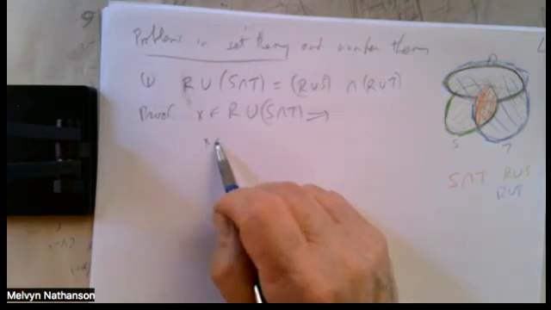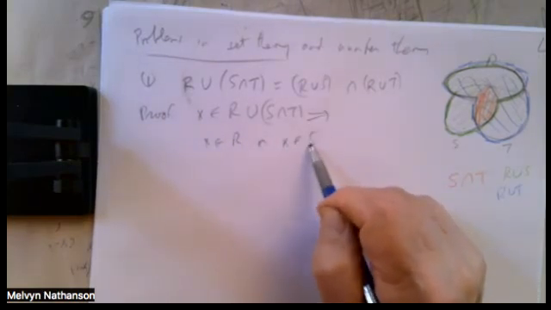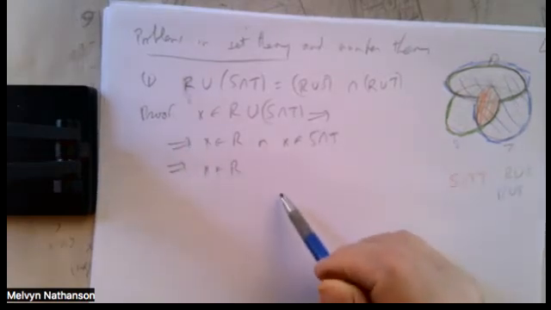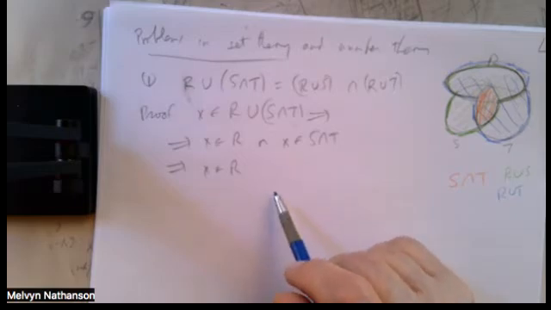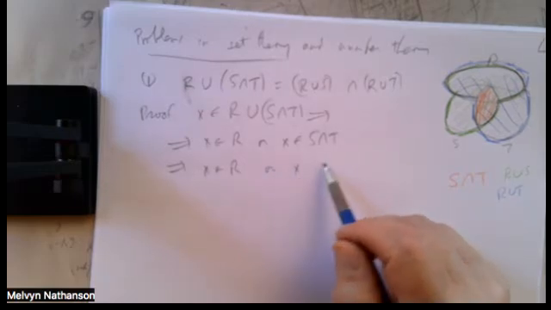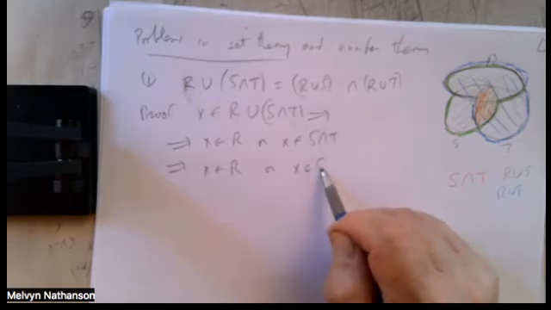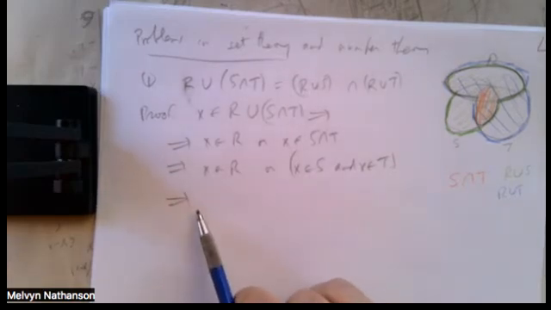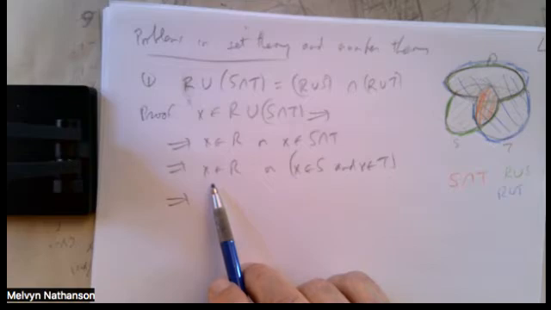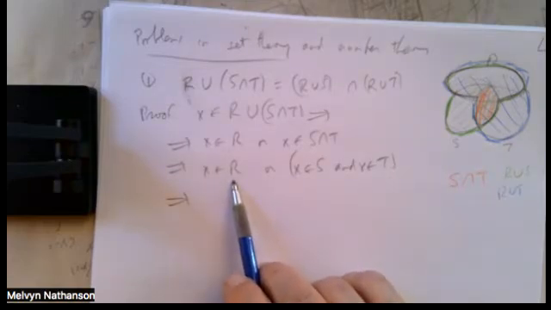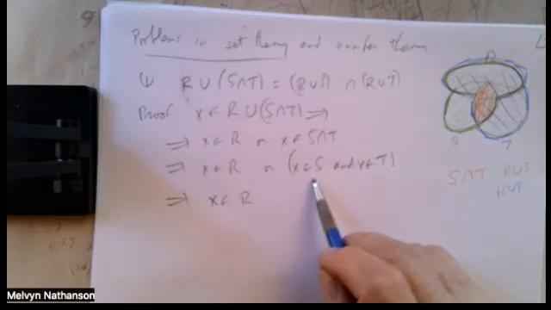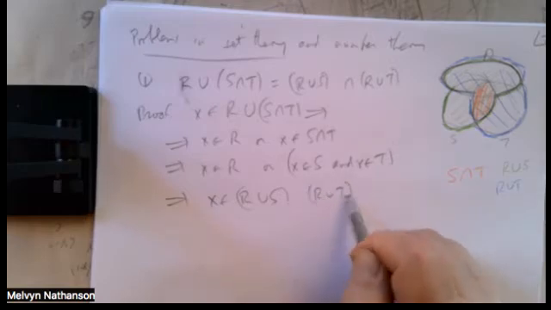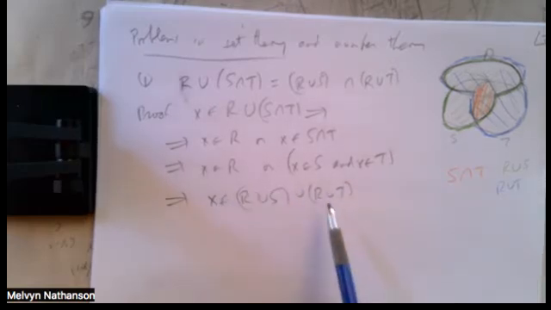That means that either X is in R or X is in S intersect T, which means that either X is in R or one of these two things happens: X is in S and X is in T. So if X is in R, then it's certainly in R union S, and it's certainly in R union T, because it's in R, so it's in both of these sets.